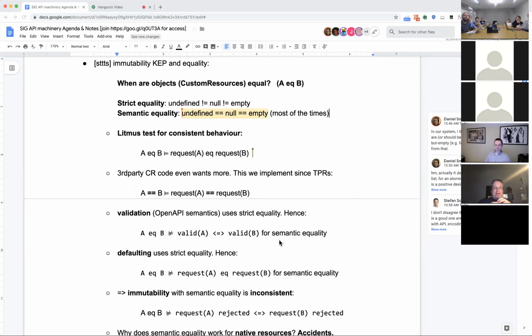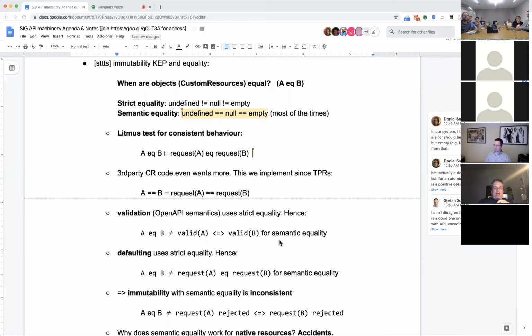The problem that we can just not switch to semantic equality is the next point, that starting with TPRs and CRDs, of course, we never really defined that to the user, I think. And we were always strict, like we stored everything as sent by the user and returned it as stored in etcd without any of those normalizations.